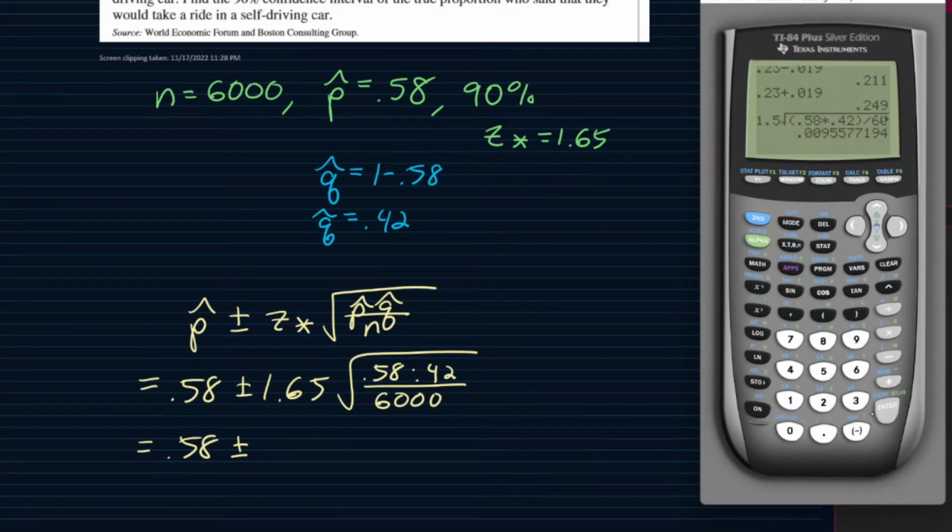Maybe we should go one more decimal. Oh, I put 1.5 instead of 1.65. I don't know how I did that. Let me just put the 6 in there. 0.0105. Let's do 0.011. 3 decimals should be fine.